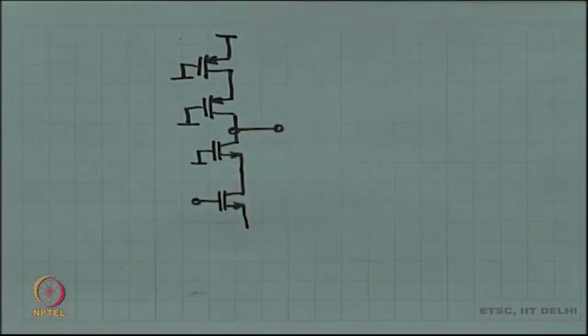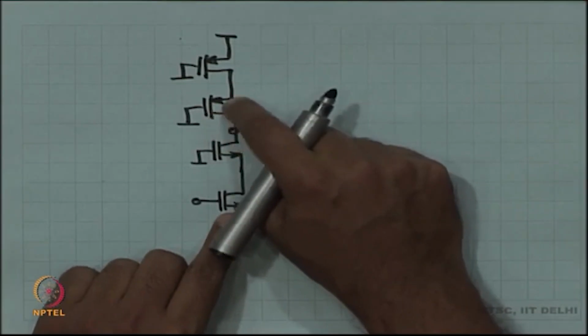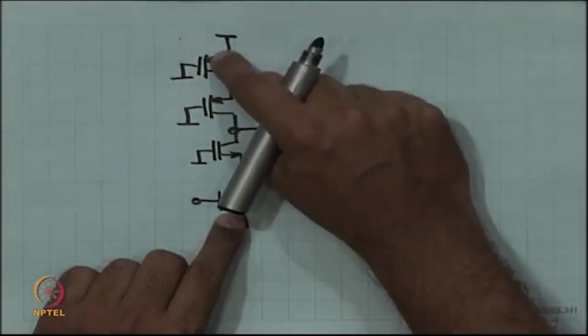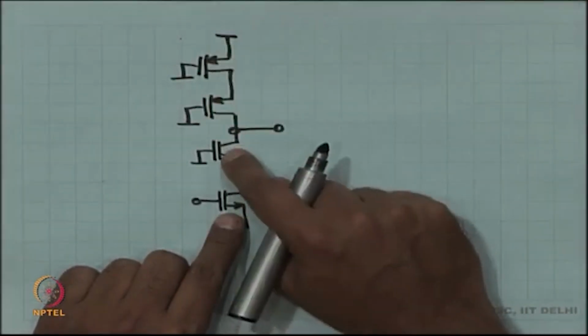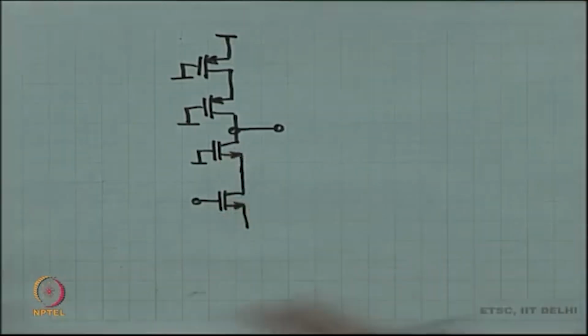Okay. So, this is generally going to be a large impedance. You can approximate it as the intrinsic gain of this device times RDS in parallel with intrinsic gain of this device times RDS. Okay. So, you can approximate it, and therefore, your voltage gain is effectively.